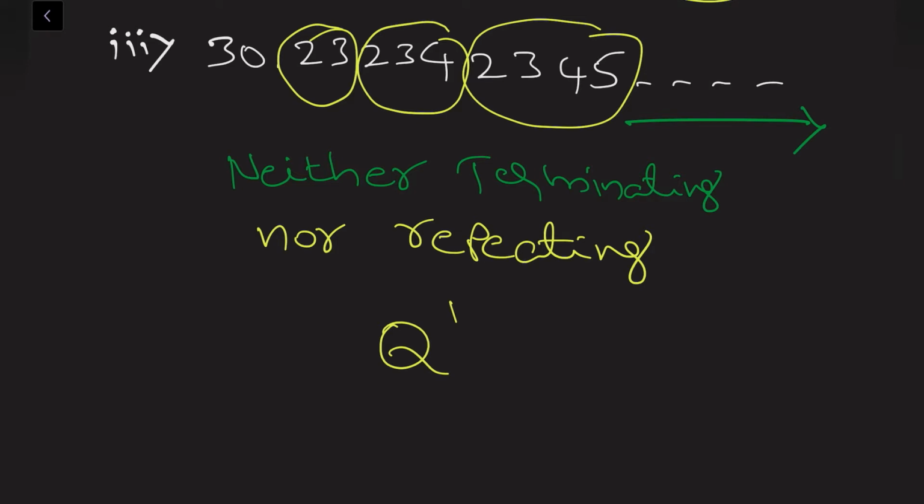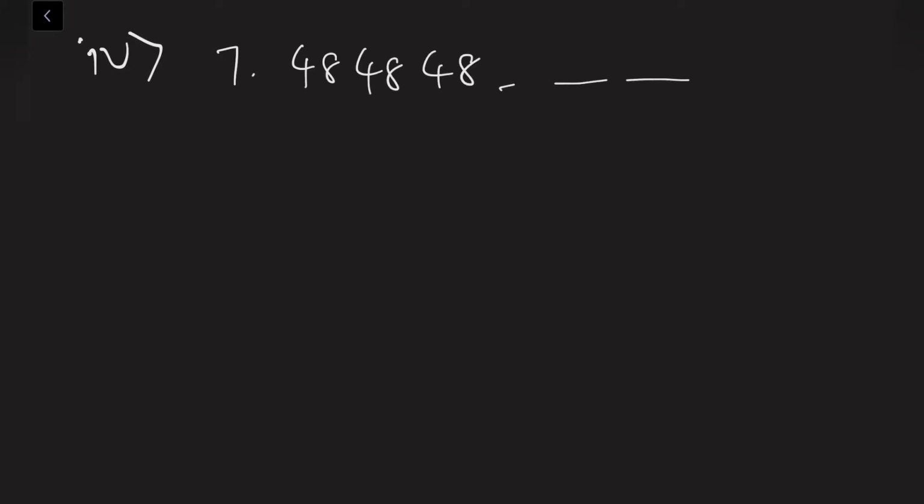Next, question number 4 in this bit. We have a question like 7.484848 and so on. Now if we observe this question, this is continuing. It is not stopping, so it is non-terminating.